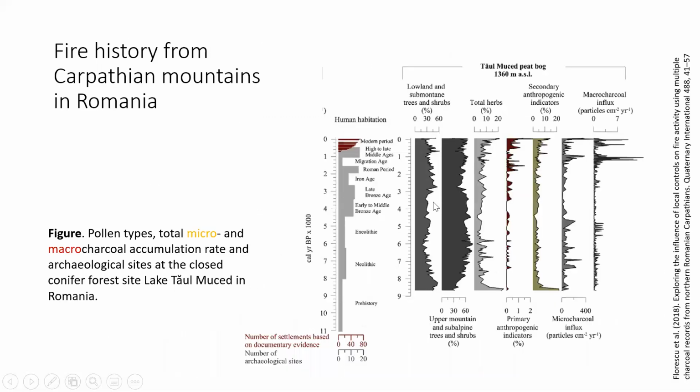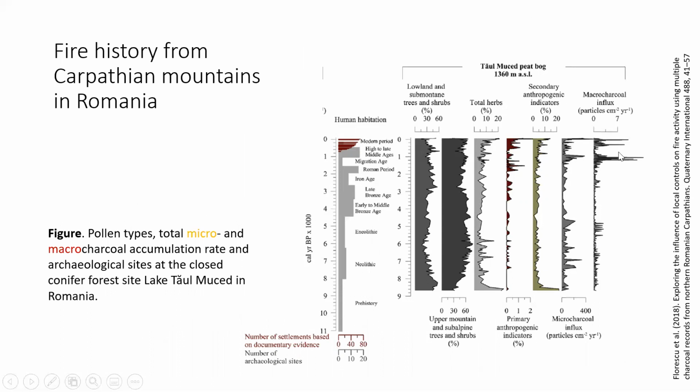Then there's one more example about fire history using both microscopic and macroscopic charcoal influx. And here we can again see that they go quite well together. There's been fires in the region also from this peatbog.